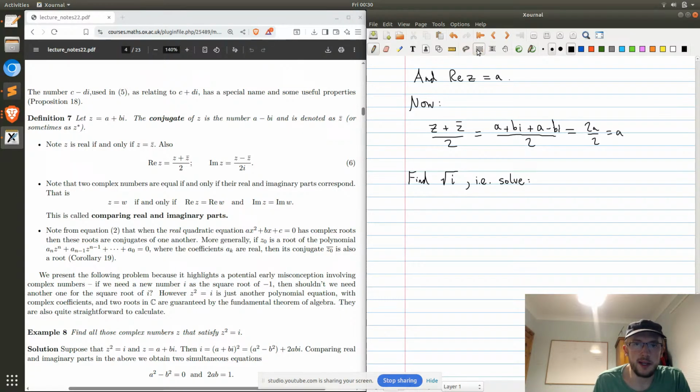Maybe I shouldn't actually say that. That's not actually true, maybe. So it's asking, solve z squared is equal to i.